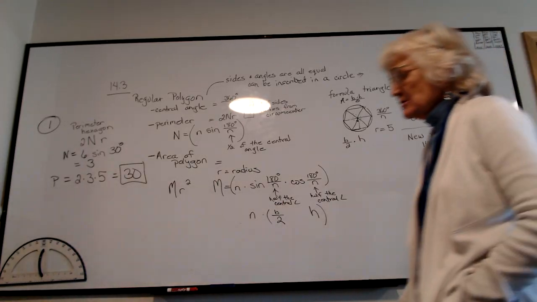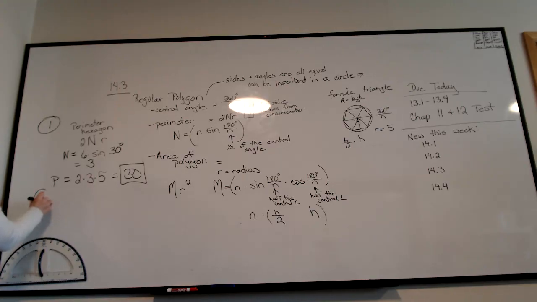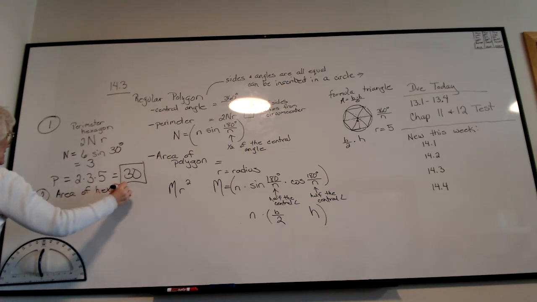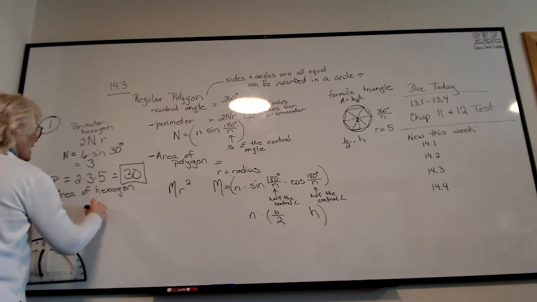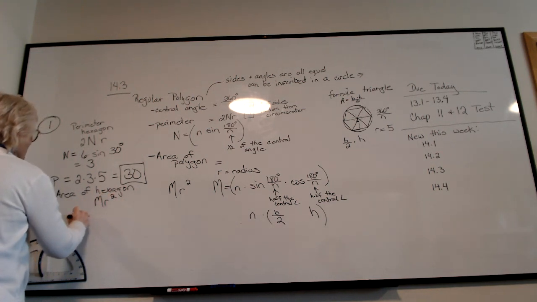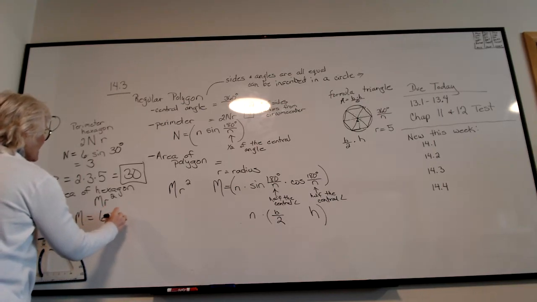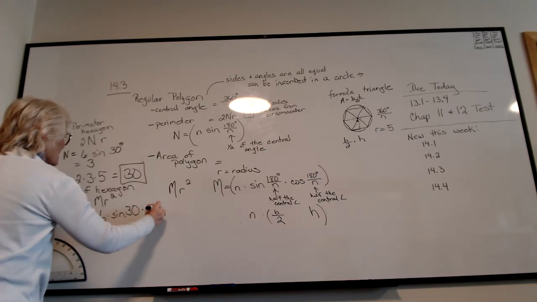Second, so number 2, we are going to find the area of the hexagon. The radius is 5. The area is equal to m r squared, but m is going to be 6 times the sine of 30 times the cosine of 30.